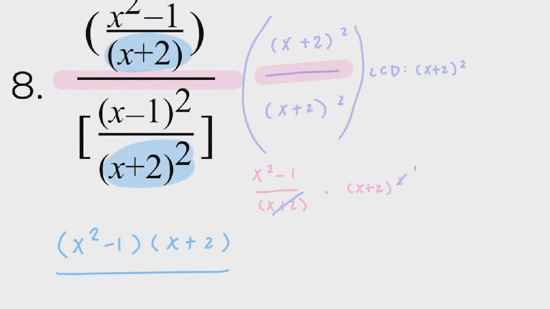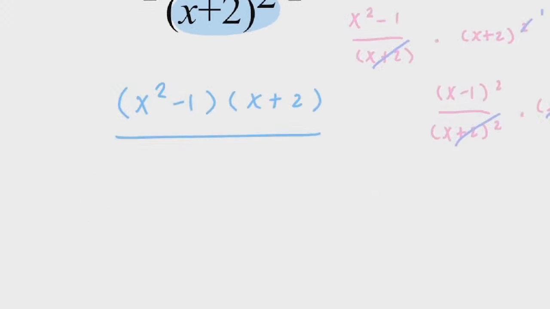And then looking at the denominator, we have x minus 1 squared over x plus 2 squared times x plus 2 squared. So the x plus 2 squareds will cancel out, so that means we're left with x minus 1 squared. So that's going to be the denominator.